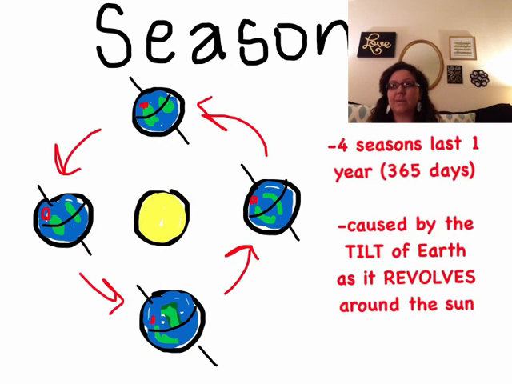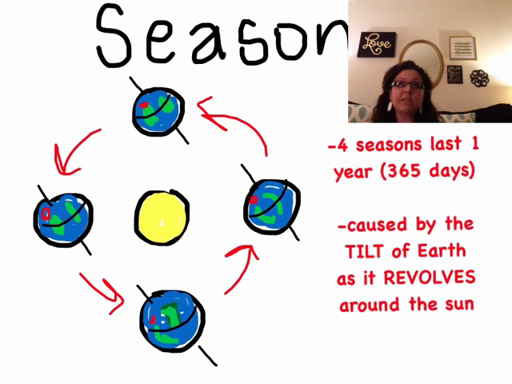So the keywords I want you to know tomorrow for your little entrance ticket on what you learned about the seasons is that the 4 seasons are caused by the Earth's tilt plus the Earth's revolving around the Sun. Okay? So the Earth's tilt on its axis plus the revolution of the Earth around the Sun equals the 4 seasons.